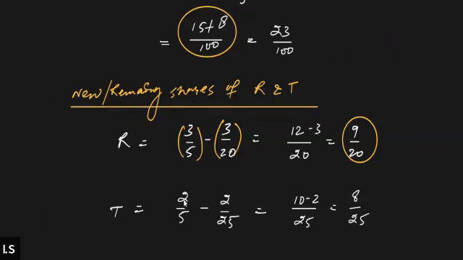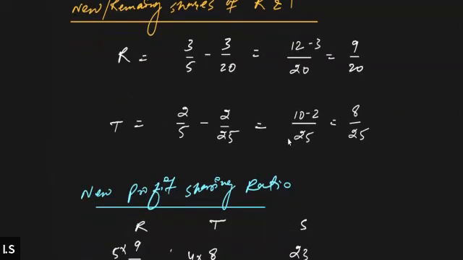Whereas in case of T, the existing share is 2/5 and he is sacrificing 2/25 in favor of S. So reducing 2/25 out of 2/5, we will get 8/25. Do you understand this? It makes sense or not?